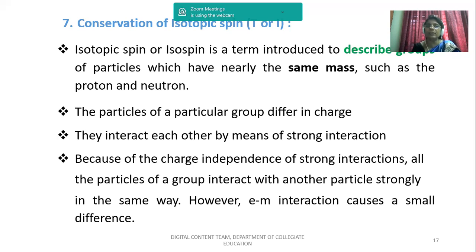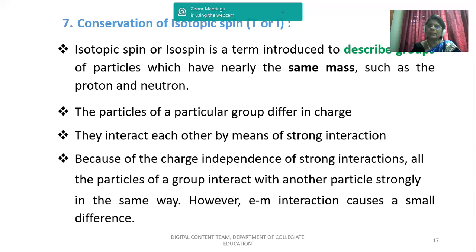Baryons and mesons, for example, form groups of particles in terms of multiplets. Each group has approximately the same mass, and their behavior is denoted with a particular quantum number called isotopic spin or isospin.